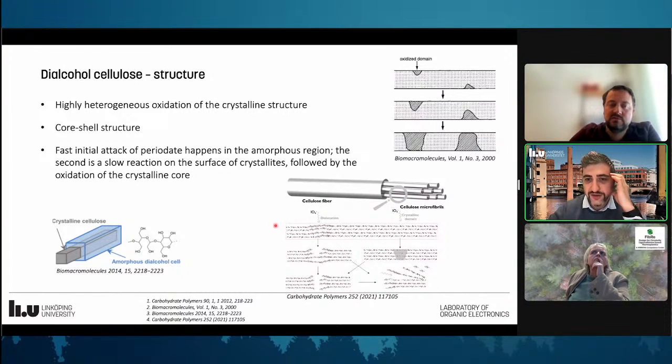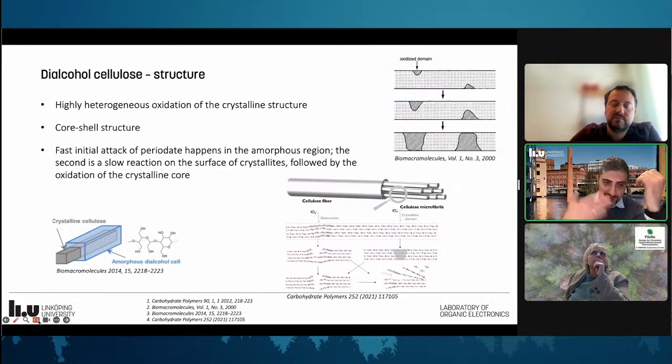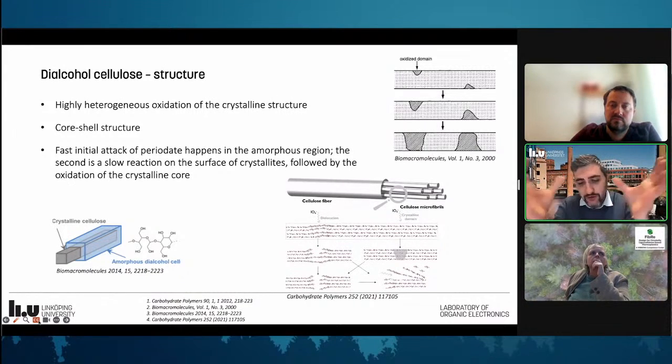Yes, exactly. So from this point of view, I think the core shell structure, when you see it also in the context of the experiment, kind of makes sense. Because when you more and more oxidize the surface, you lower the force needed to shear them.